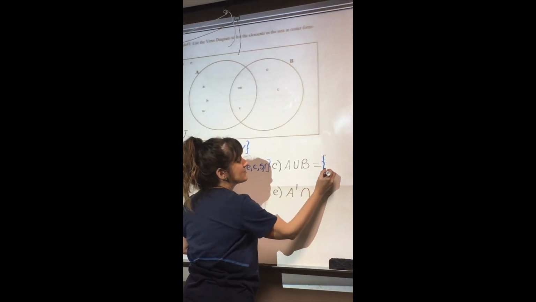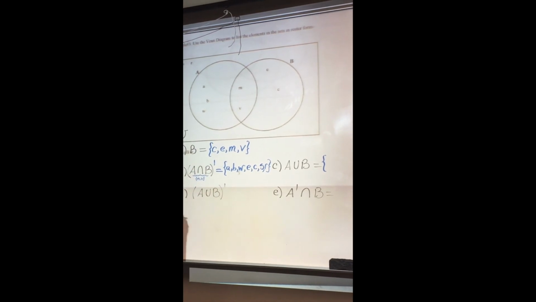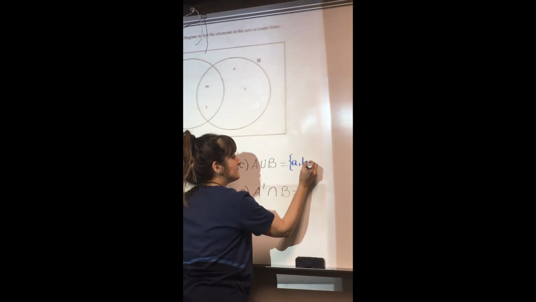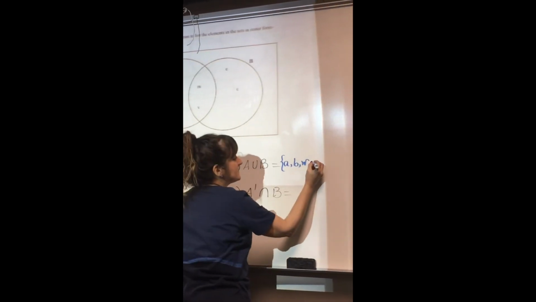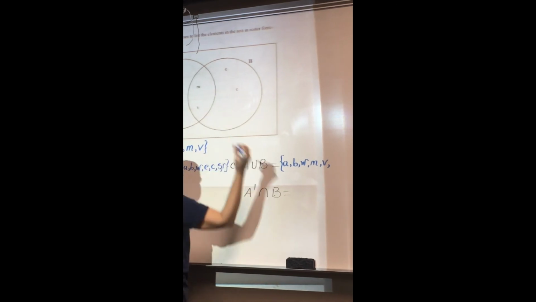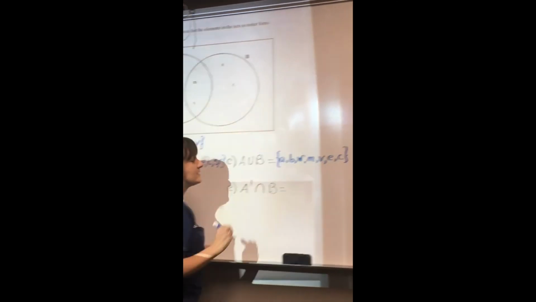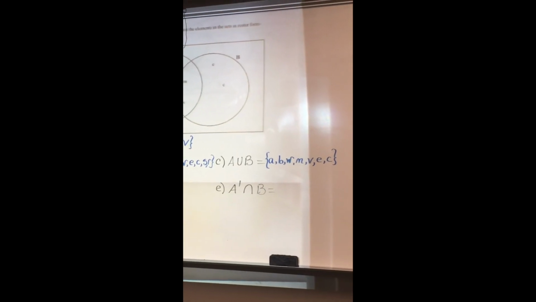What matters is that you write all of them and none of them twice, so you list each one only once. A, B, W, M, V, E, C. Those are the elements in A union B.